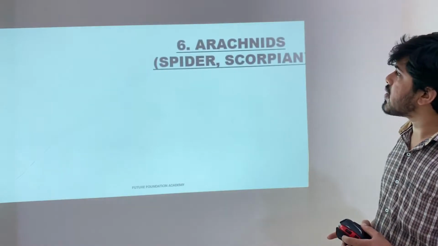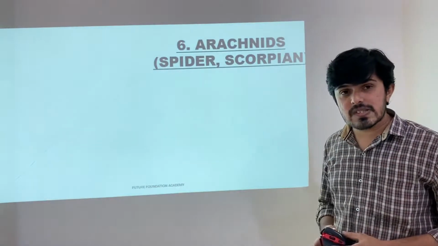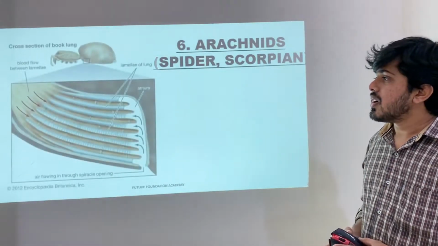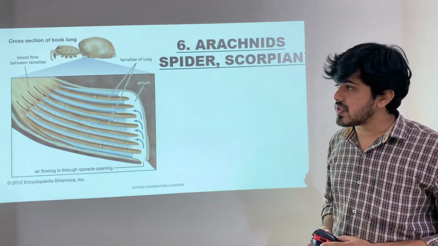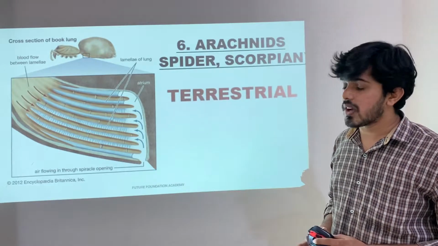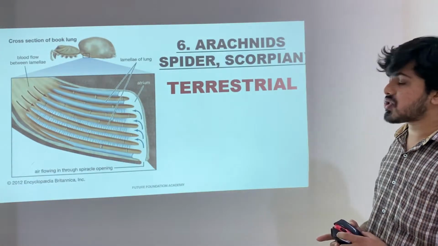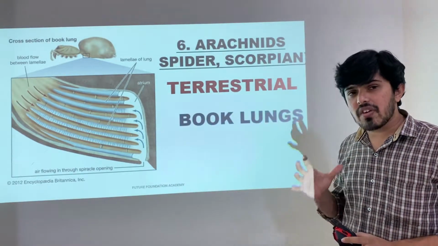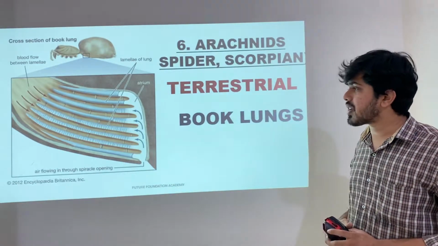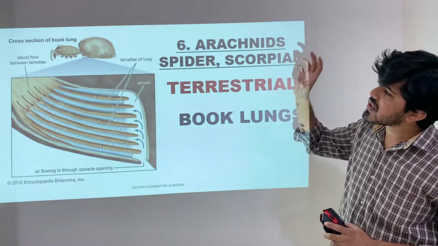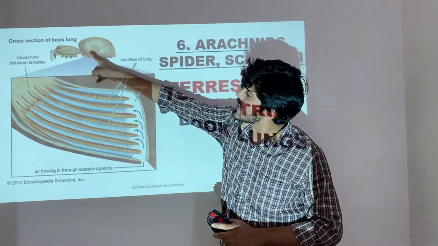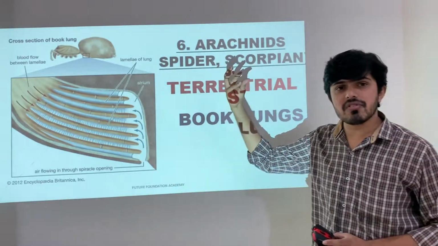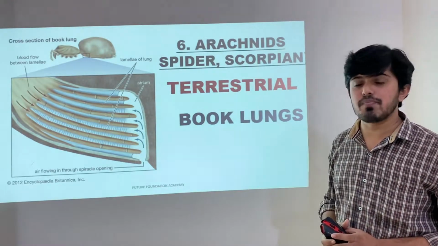In the next slide we are going to study arachnids, that is spider and scorpion. They have a special type of respiratory organ called book lungs. First of all, these spiders and scorpions are terrestrial, and they have a specialized respiratory organ called book lungs. If you see that spider or scorpion, in this corner at the lower end, they have a respiratory structure called book lungs.